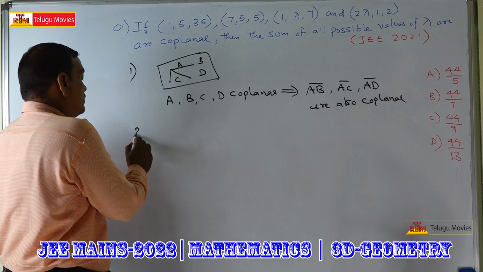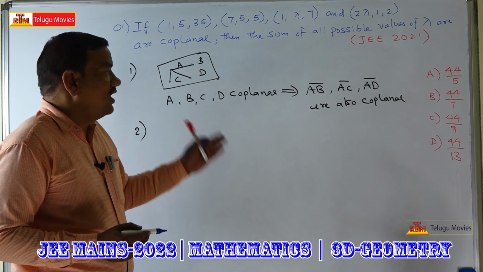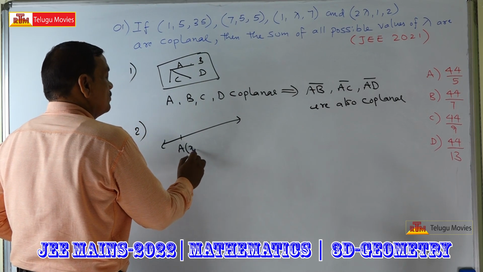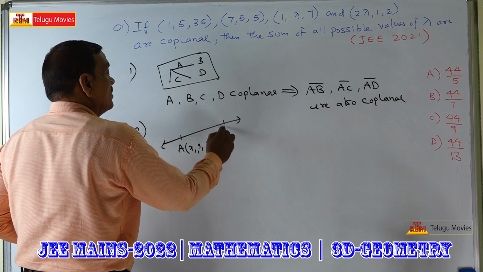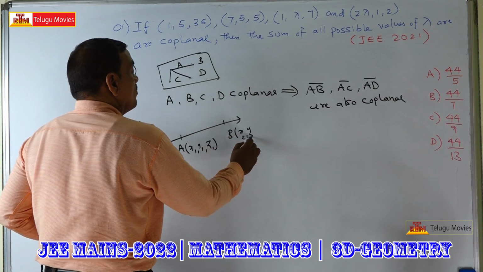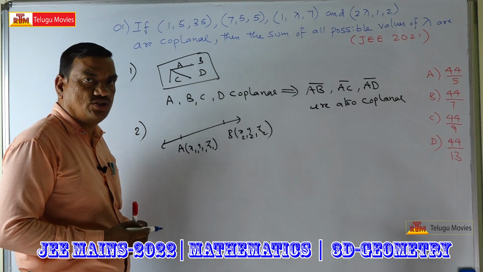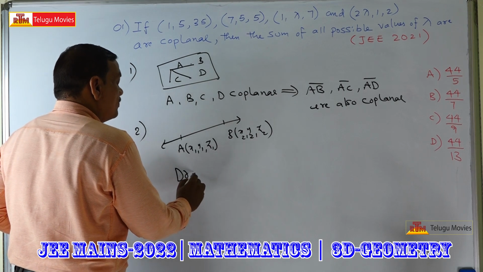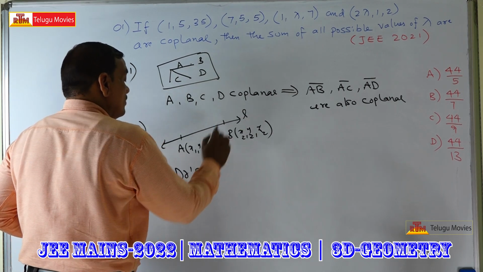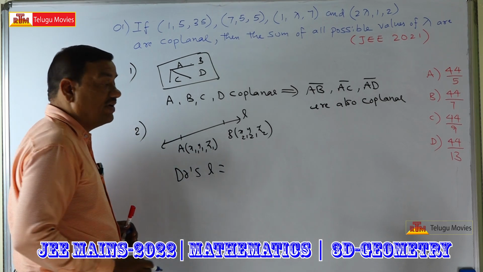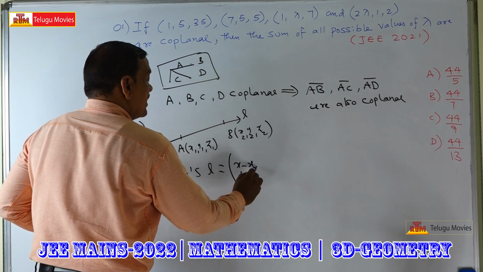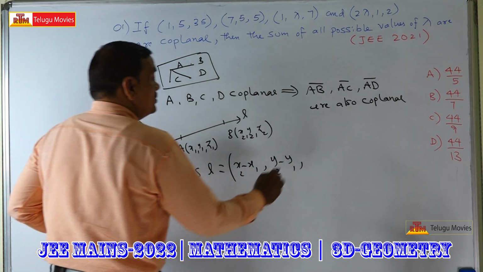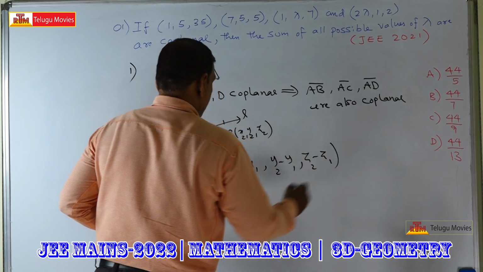The second one is: if a line passes through the points A (x1, y1, z1) and B (x2, y2, z2), where A and B are 2 points on the line, then the DRs of the line L are given by x2 minus x1, y2 minus y1, z2 minus z1.